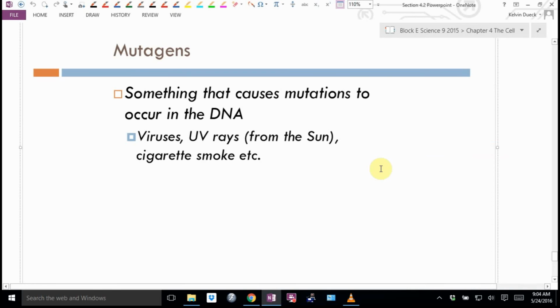So what are things that can cause mutations? Some viruses. UV rays from the sun can cause skin cancer. That's a mutation. That's why we say wear sunscreen. Cigarette smoke. You might want to write those down. That would make a nice written question on a test: name some mutagens.